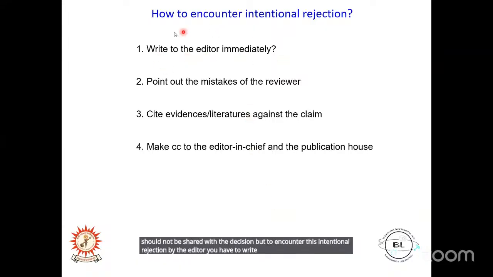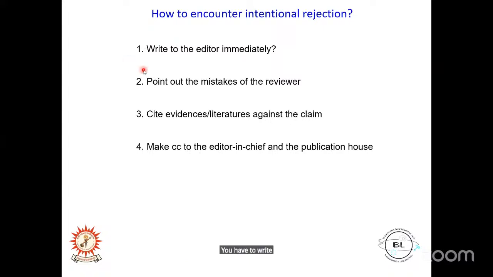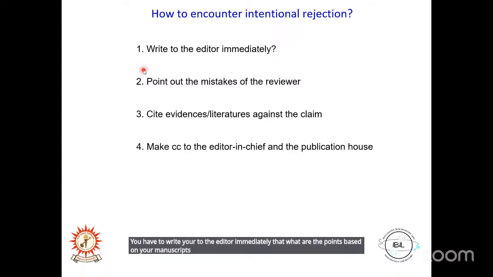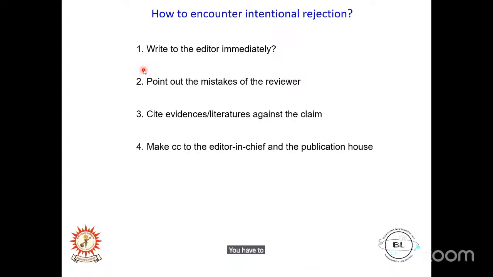You have to write to the editor immediately asking what are the points based on which your manuscript was rejected, and if you feel that these points are not sufficient, or the grounds that have been given to you for rejection are not valid, you have to contradict, and you have to present your view in a very polite manner.